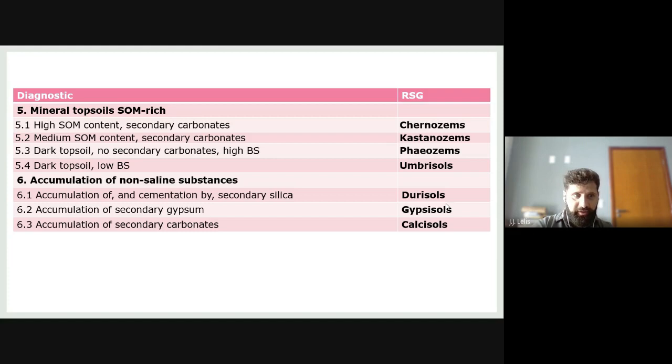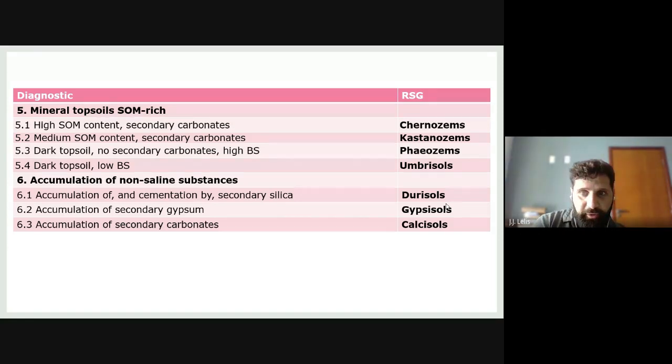So the phaeozems and the umbrisols are very similar, because umbrisols also possess dark topsoil. Also, they do not possess secondary carbonates, but the umbrisols possess a low base saturation.